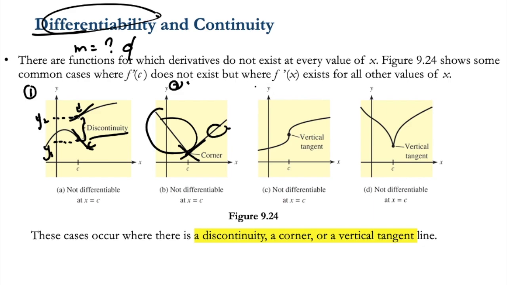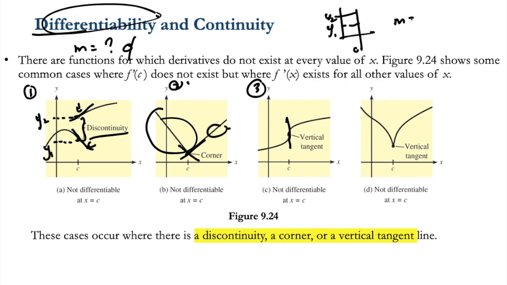Now, let's move to graph number 3. You can see no gap, so we can say that it is continuous along the curve. But let's say we look at point x equal to c here. At this point, when you try to draw a tangent line, you're going to have a vertical tangent. When you try to calculate the slope, you have two y's, y1 and y2, but c stays the same.